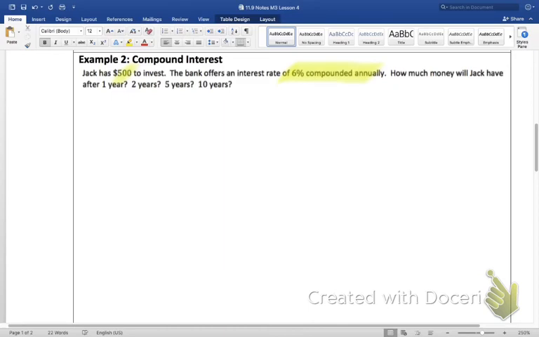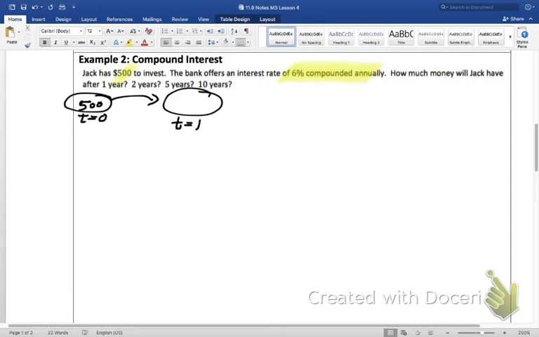Here we can again draw a little diagram where the initial amount is 500, when time is 0. A year goes by, so now we have time equal to 1. And the interest is 6% of the current amount.